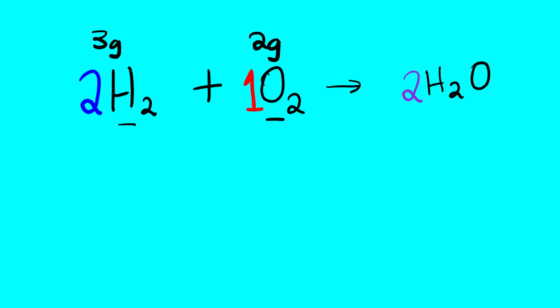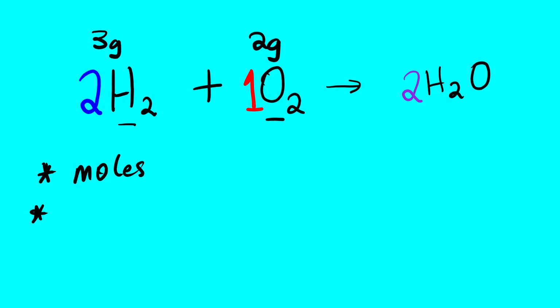Now before we start determining the limiting reagent, we need to find the number of moles for both reactants, and then from there we need to determine the number of moles that is going to react with the other substance.